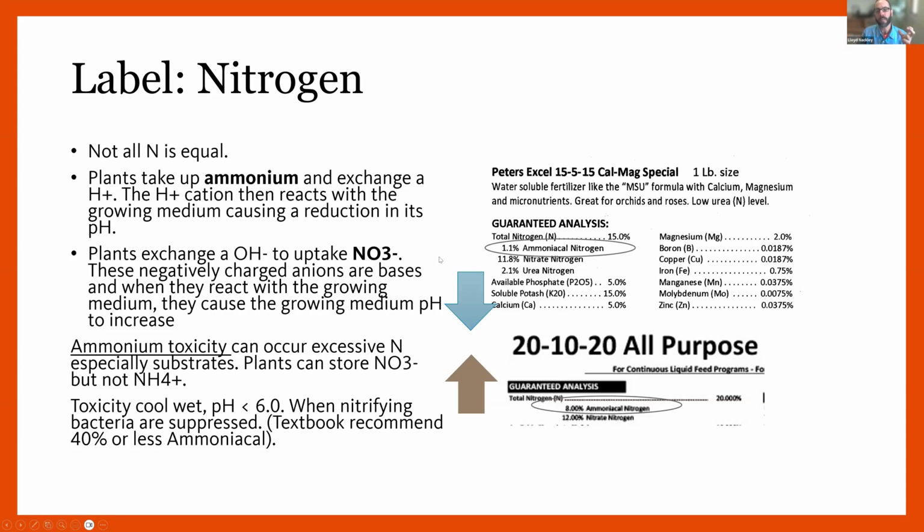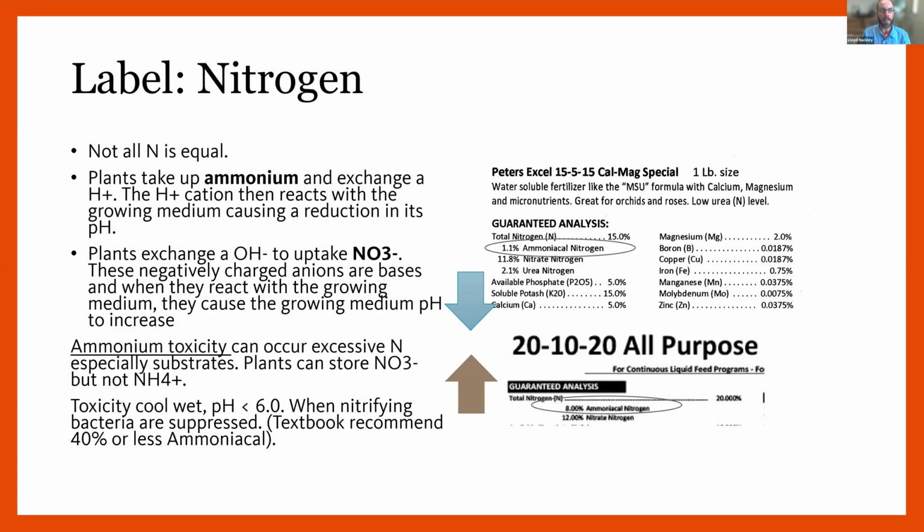And sometimes urea and ammoniacal get lumped together because urea converts to ammonia. But the big takeaway from the breakdown, and why there's a breakdown of the nitrogen forms, is that as plants take up these different forms, there's a response in the water.